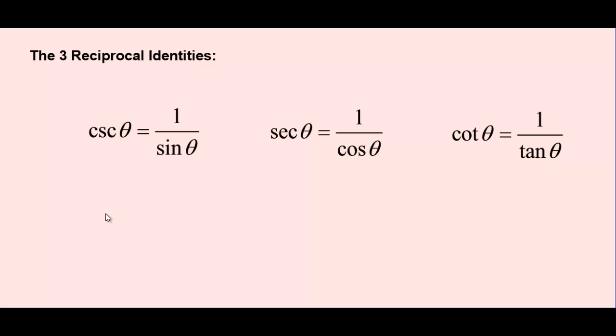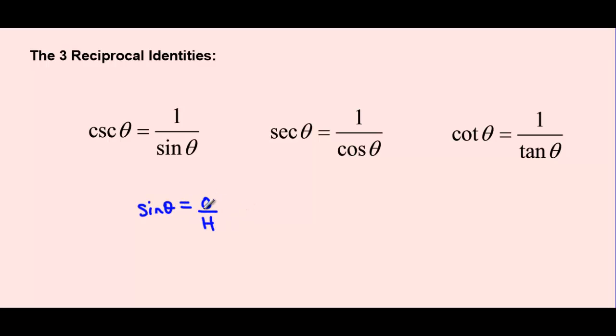These next three identities come from what we call the reciprocal ratios. The sine, cosine, and tangent ratios are called the primary trig ratios. But we do have three trig ratios that are called the secondary trig ratios, otherwise known as the reciprocal trig ratios. These are just the trig ratios of the reciprocals of our primary trig ratios. We always recognize sine as being opposite over hypotenuse.